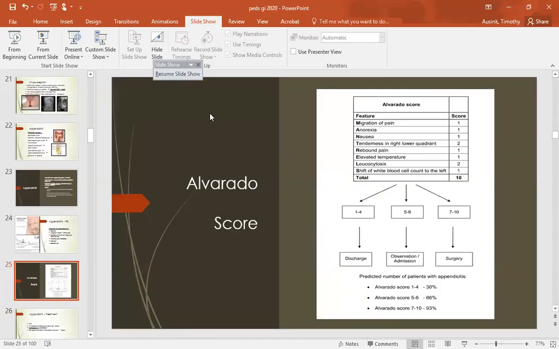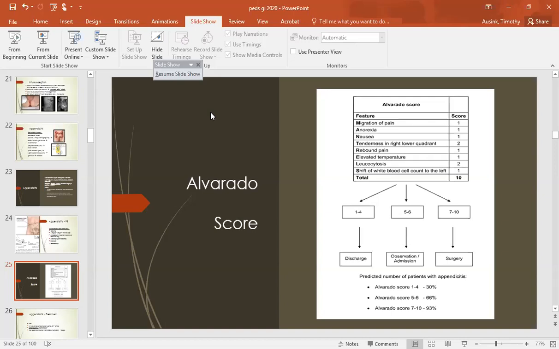An Alvarado score. So what's an Alvarado score? Well, it's a good score to discharge people with right lower quadrant pain. This is not on the test, so don't get all Twitter-pated. It's just something that I want you to know for clinical practice, because next year, all of a sudden, half of this stuff isn't going to mean anything, and the stuff that really means something, you don't get a taste of.